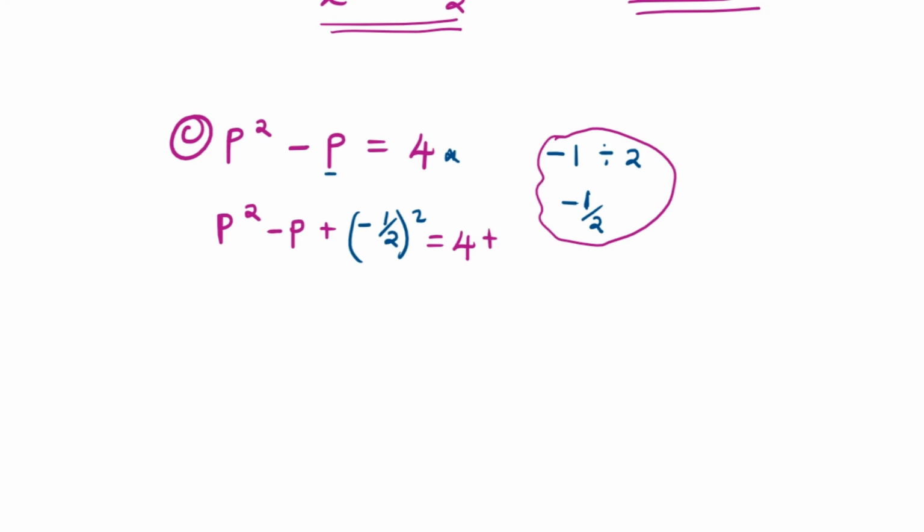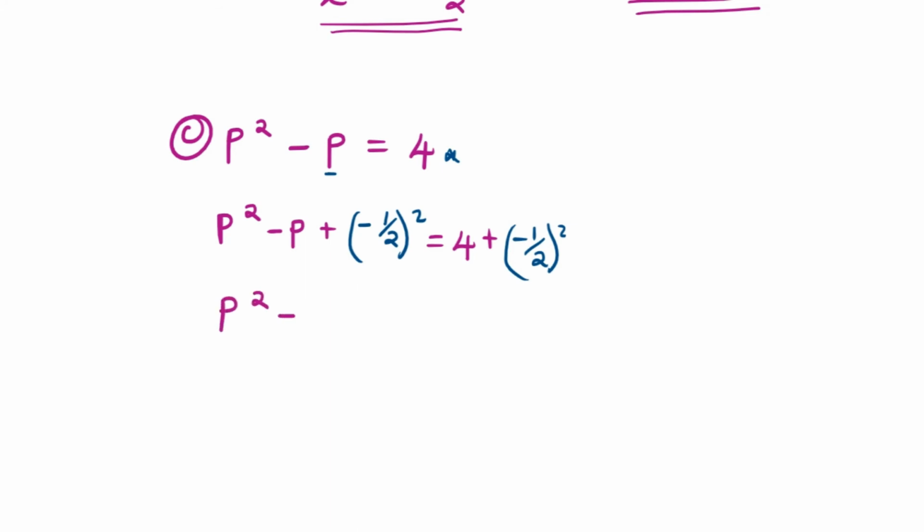plus negative half squared, even this side. Alright, we can continue by saying p squared minus p plus negative half squared. We can deal with what is on the other side. 4 plus negative half squared.